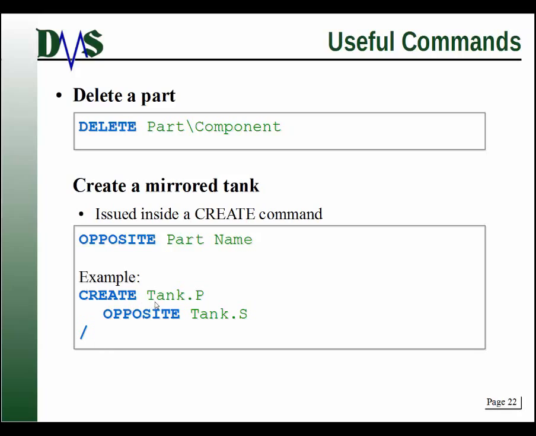We're creating a tank on the port side, and the very next command I issue is opposite the same tank on the starboard side. And that's all you have to do. Close it out, and GHS copies all the information from the starboard tank. Now, if you wanted to change a few things, like your tank name, for example, you can issue the opposite command and then follow that with any other things that you wanted to redefine, like your tank name.